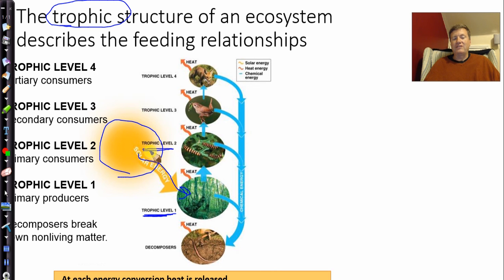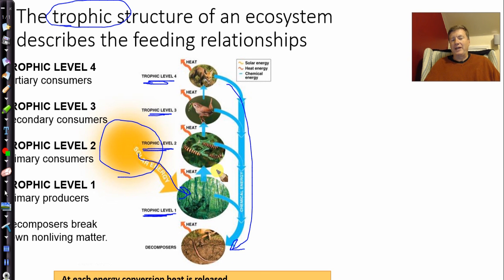They're on the second feeding level. The third feeding level is when the bird eats the caterpillars. The fourth feeding level is when the fox eats the birds. So again, these are all of the trophic or feeding levels that started ultimately from the sun. Now, this line represents what's called the chemical energy.